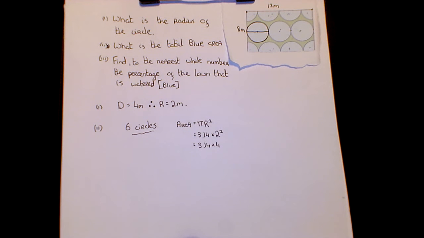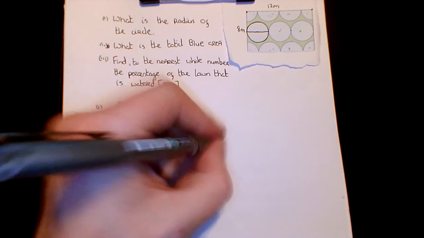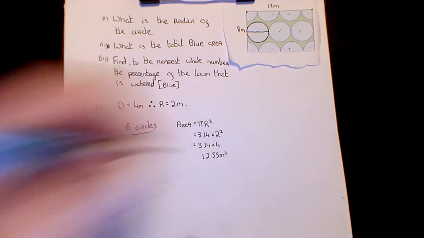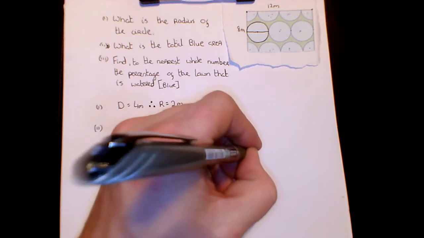That equals 3.14 multiplied by 4. I actually don't have a calculator on me, so let's do it quickly down here. That is 12.55 meters squared, and that's the area of one circle.